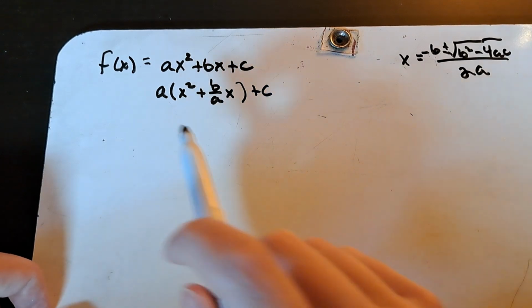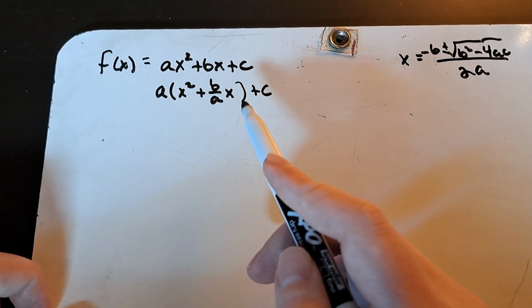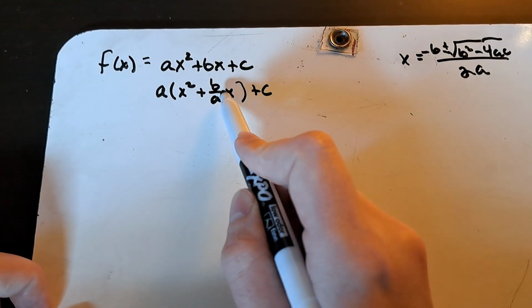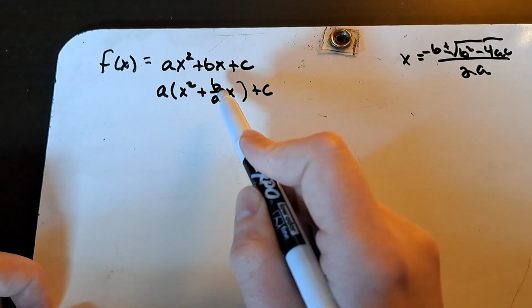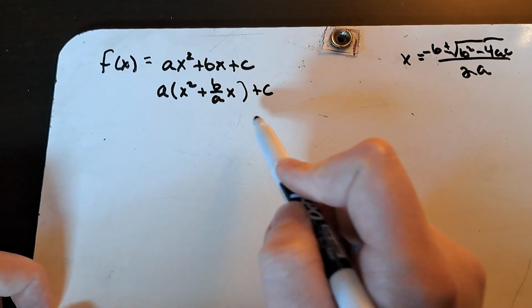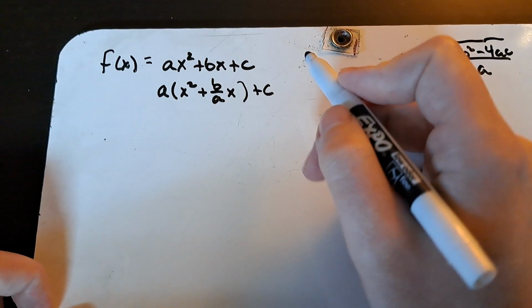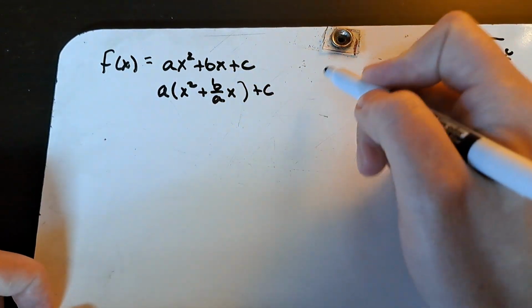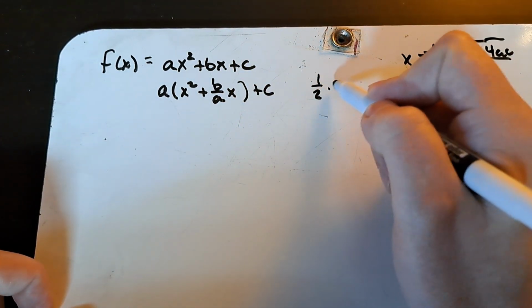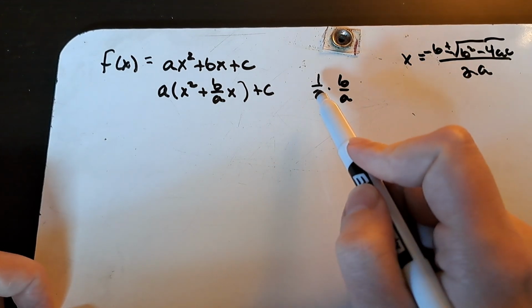But what we figured out by completing the square is we can do this by taking this term right here, dividing it in half, squaring it, and adding and then subtracting that number. And so if we think of half of b over a, well, 1/2 of b over a is just 1/2 times b over a, so that would just be b over 2a.